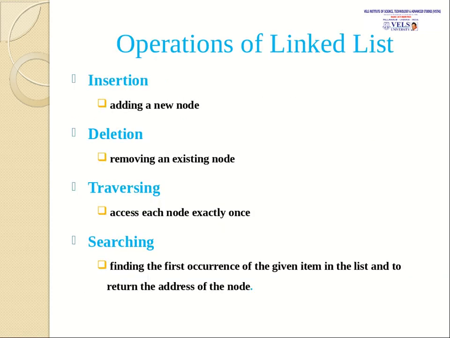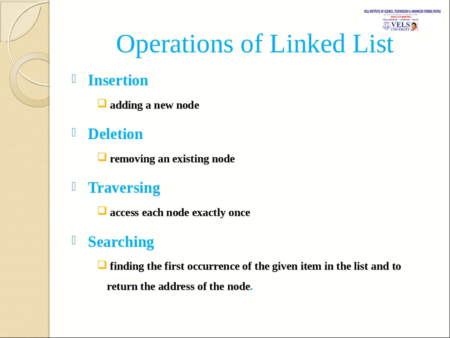Now, what are all the operations available in a linked list? We have insertion, deletion, traversing and searching. Insertion is creating a new node and adding a new value. Deletion is removing an element that we don't want in the list.